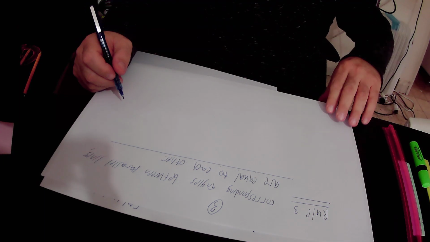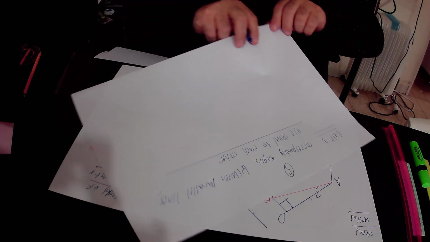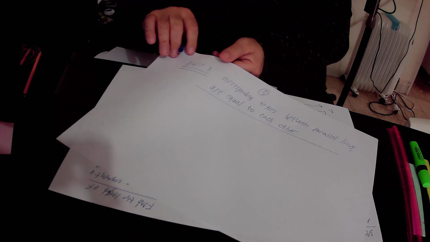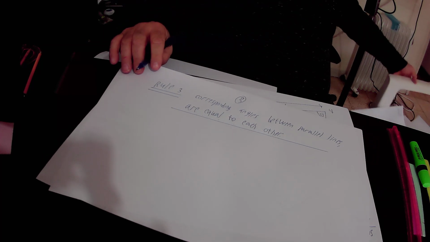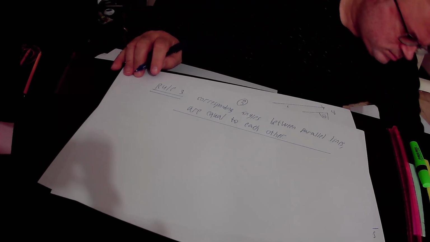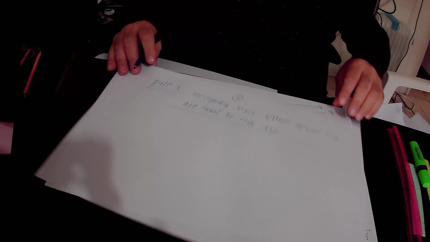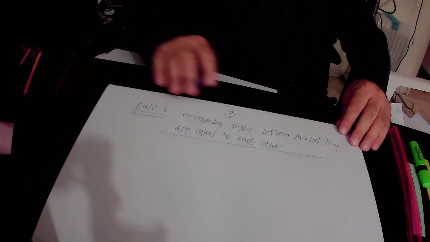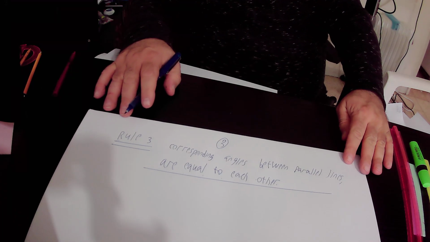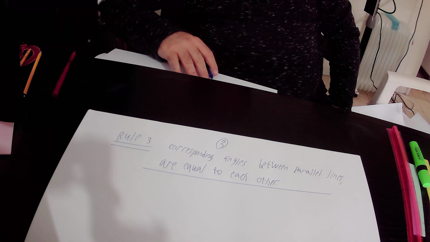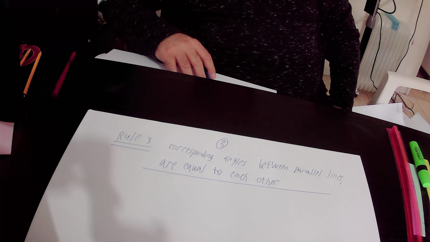And repeat on rule number 3 again. According to rule number 3, corresponding angles between parallel lines are equal to each other.